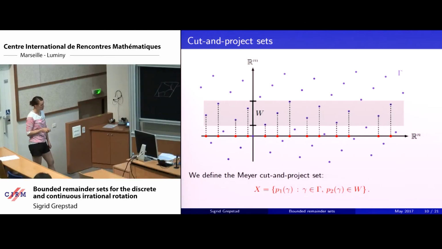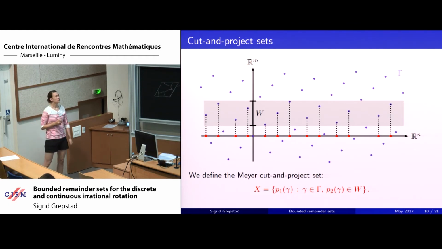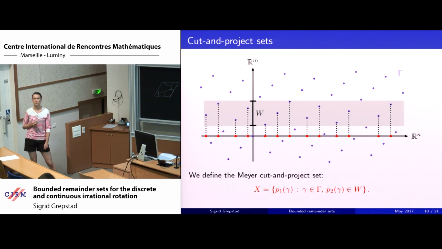I've taken P1 to be the projection onto Rn and P2 to be the projection onto Rm. And this construction was, as far as I know at least, introduced by Meyer in the 1970s and gained considerable attention about 10 years later with the discovery of quasi-crystalline materials.